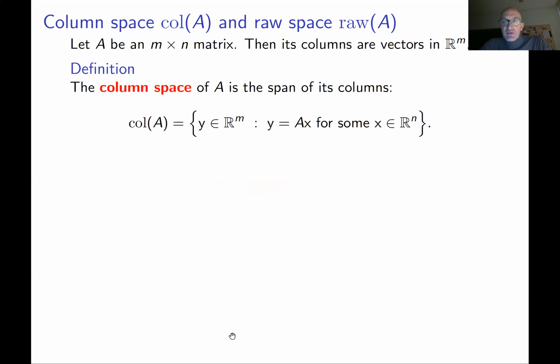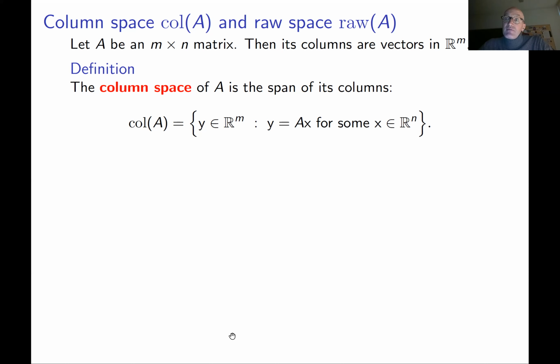Okay, and now let me mention another construction of linear subspaces, which can be done using matrices. As before, we fix an m times n matrix. m is the number of rows and n the number of columns. Then, by definition, its columns are vectors in m-dimensional space.